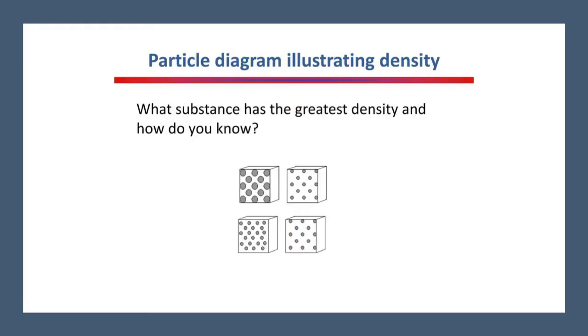Okay. So next part, we're going to talk about the density. I'm sure some of you have already encountered this word, density. Density means 密度. So by looking at the following, which of the diagrams do you think has the greatest density? So the word density has the meaning of how close the substances are packed together.